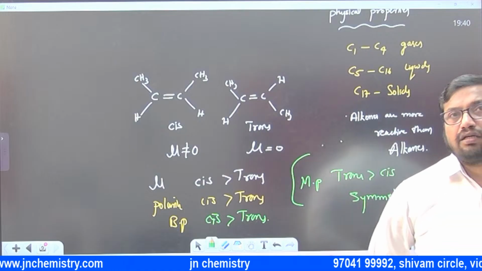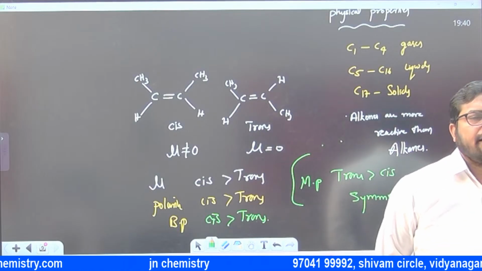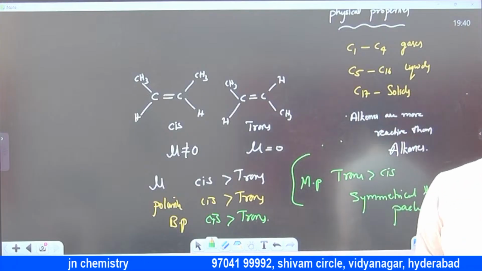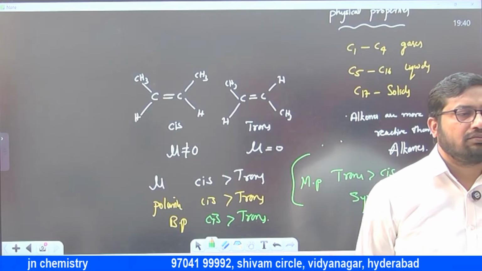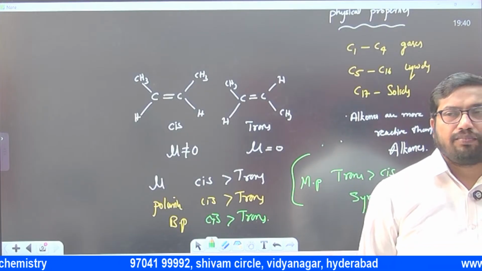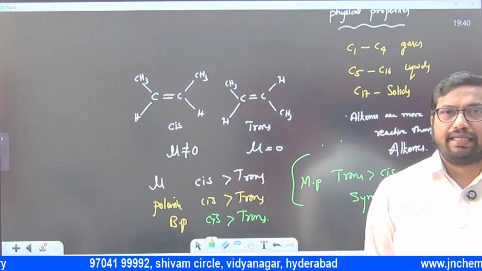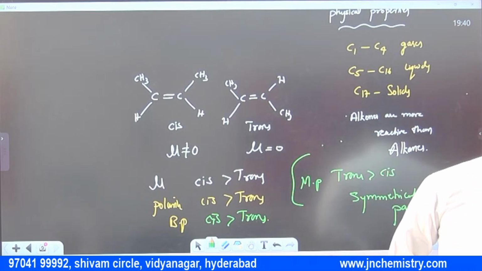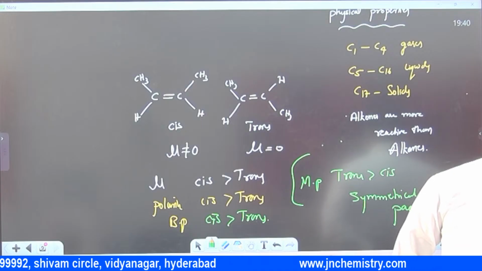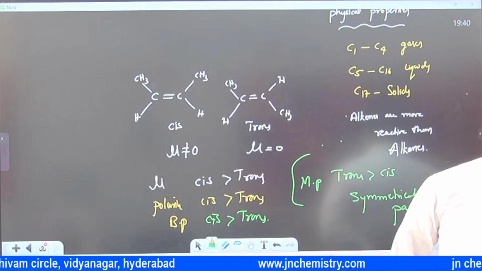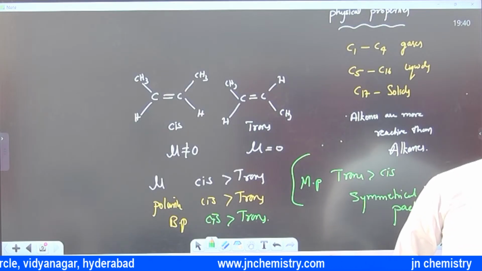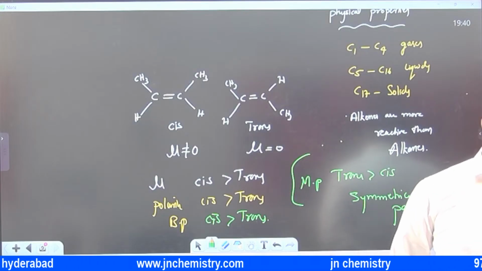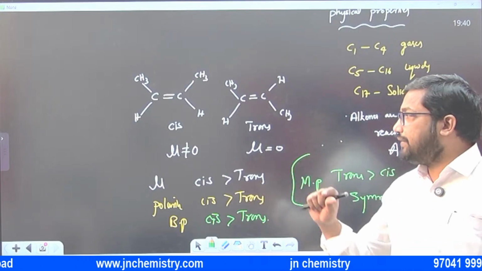Actually, alkanes are non-polar, but alkenes and alkynes are slightly polar. Write it down. Alkanes are non-polar, but alkenes and alkynes are slightly polar because of electronegativity difference.